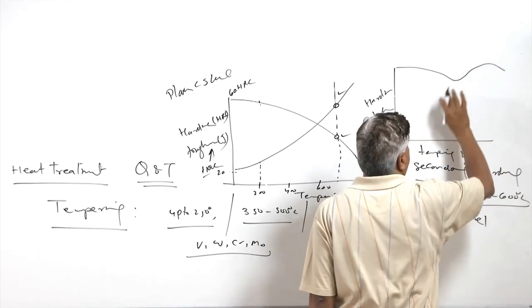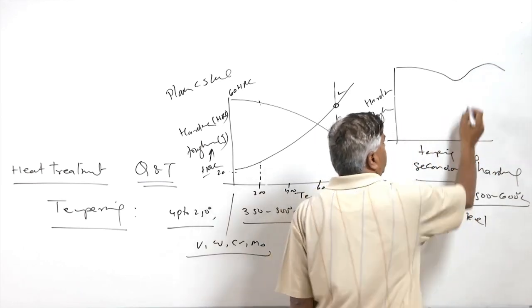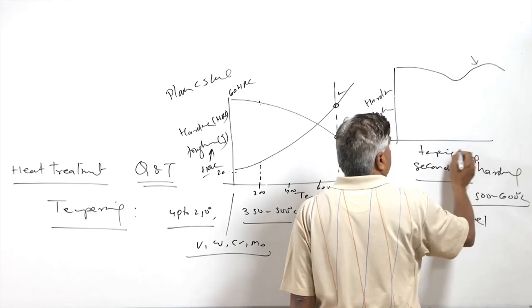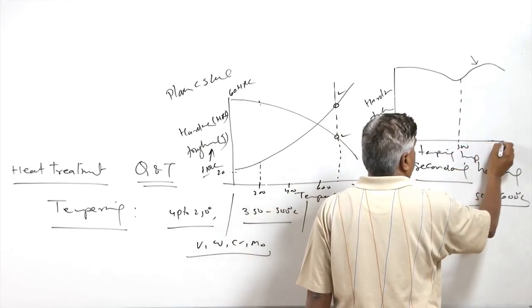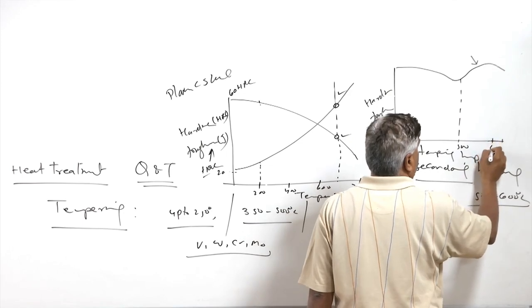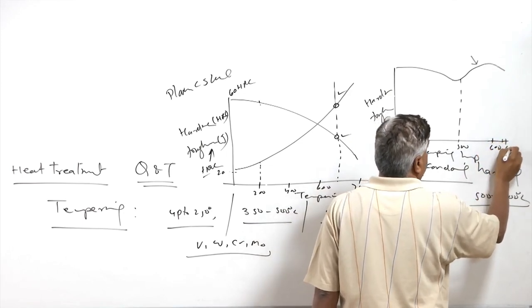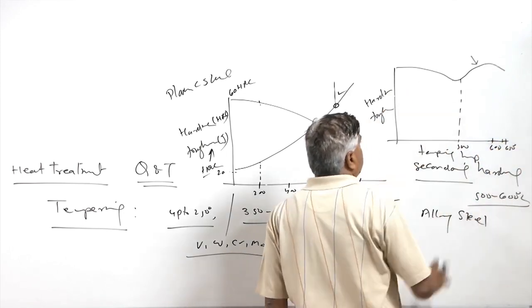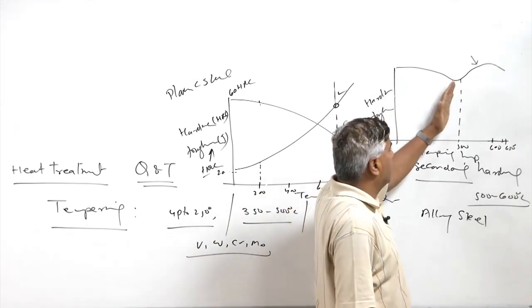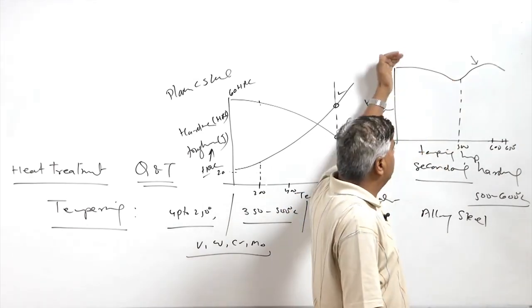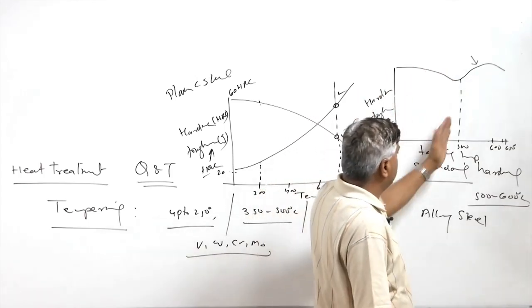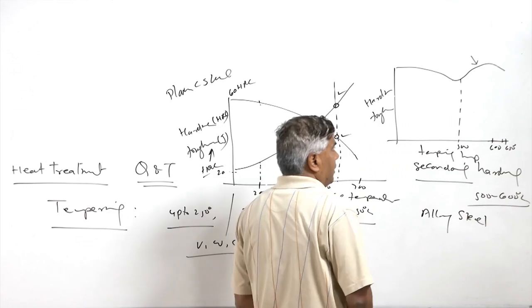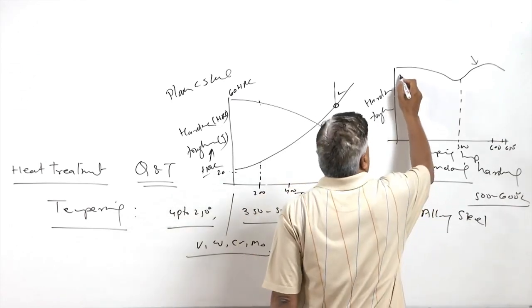So this second peak corresponds to about 500 to 600 or 650 degrees centigrade. Before that, since there is no formation of secondary carbides, it leads to a continuous drop in the hardness up to a temperature of say 450 to 500 degrees centigrade.